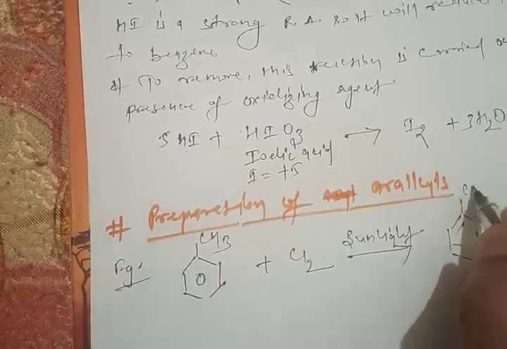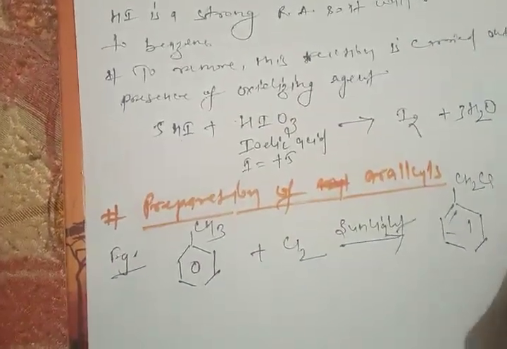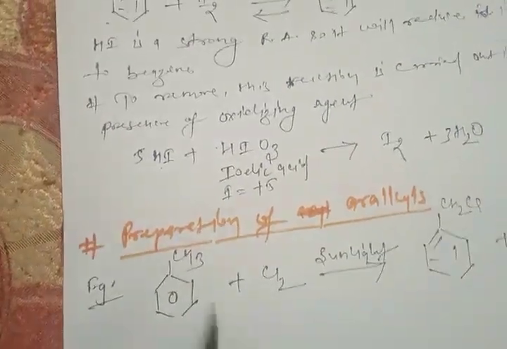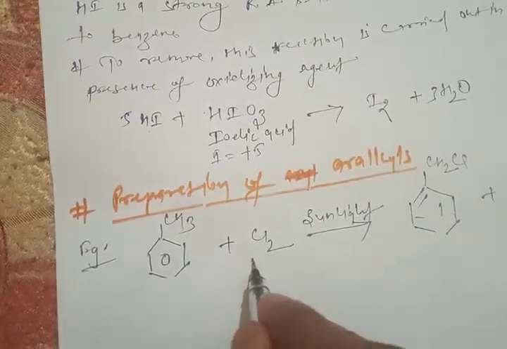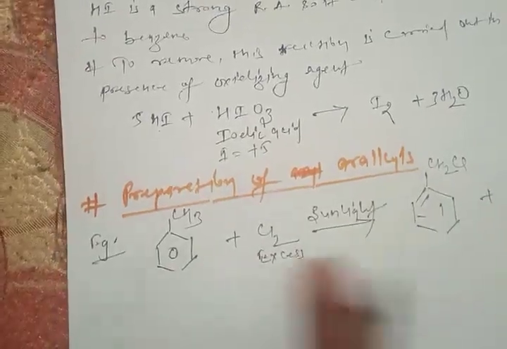So we'll get CH2Cl with HCl. Now if this chlorine is in excess, the reaction will continue.